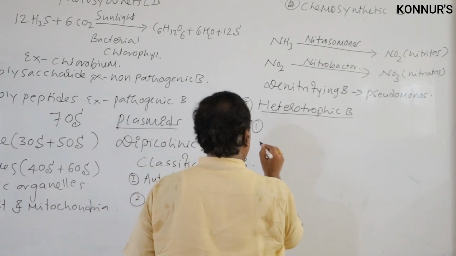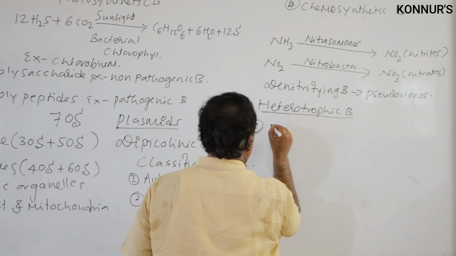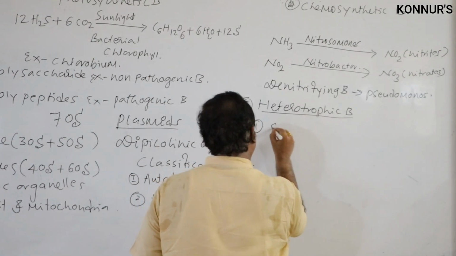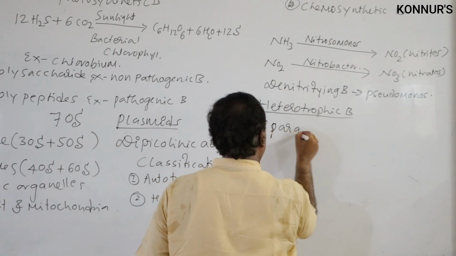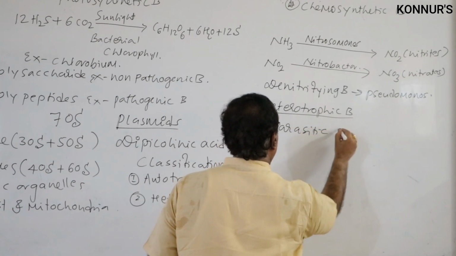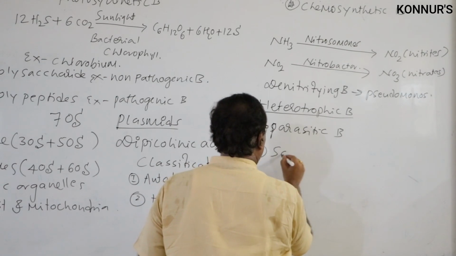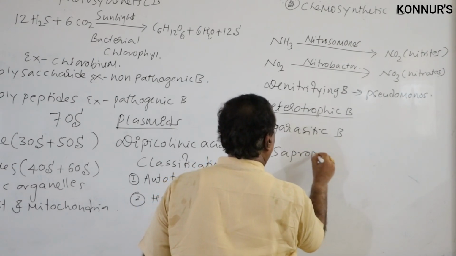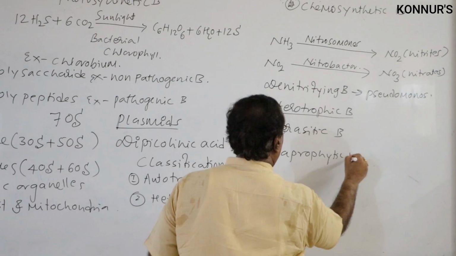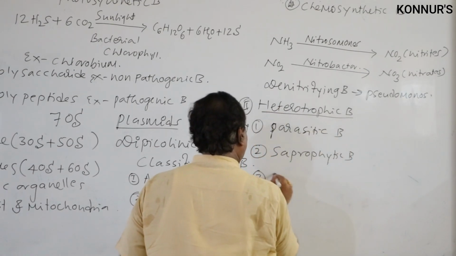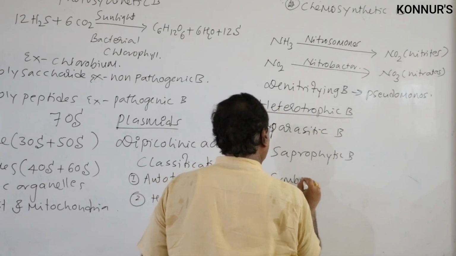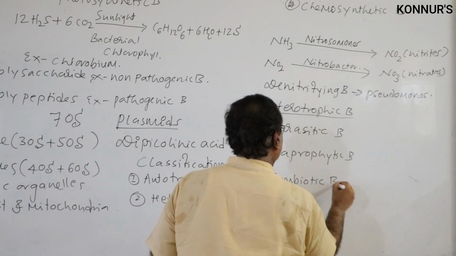They are of three types: parasitic bacteria, saprophytic bacteria, and symbiotic bacteria.